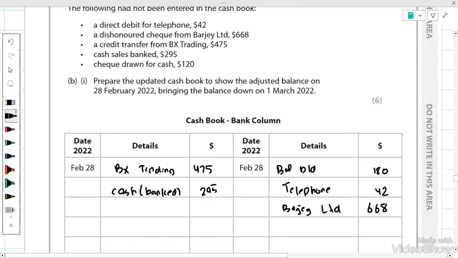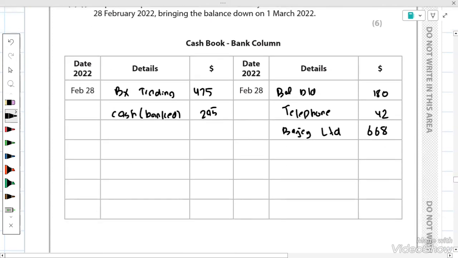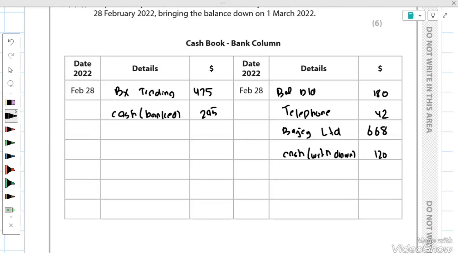Check drawn for cash $120. This is also your payment side. So now just total it.